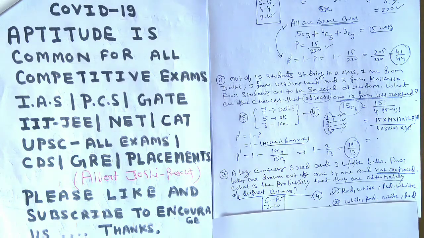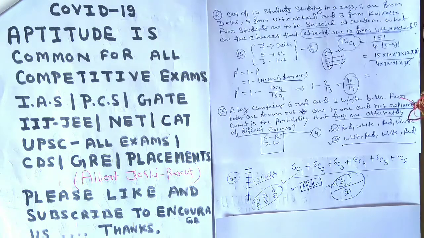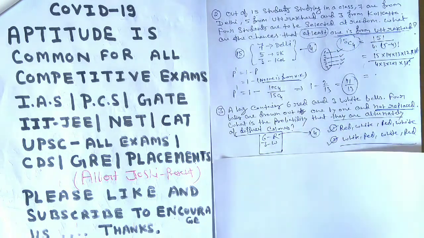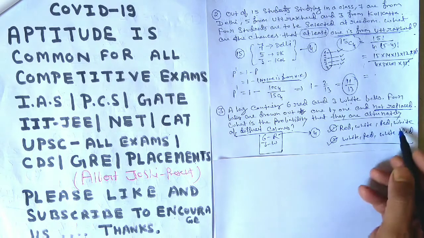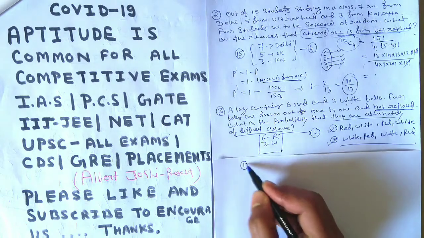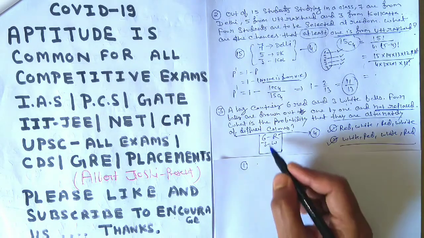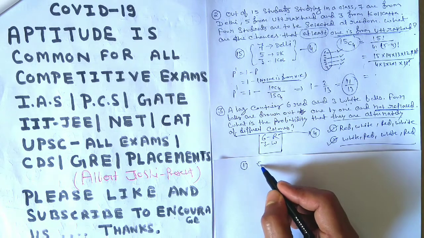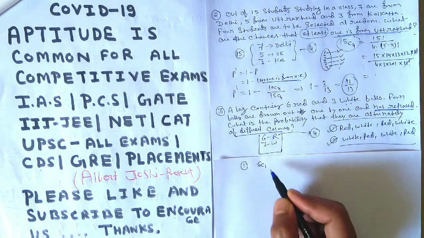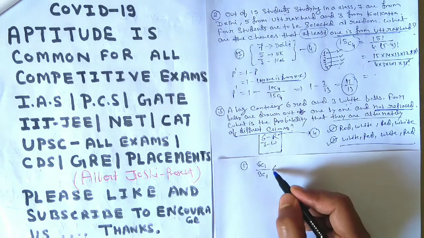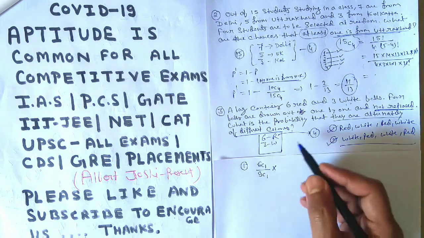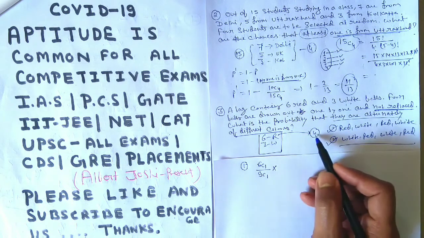Okay, so you have a total of 2 cases. For case number 1, in this condition, you have a total of 6. Out of 6 you have to select 1. Then out of 9 you have to select 1, into, now you do not have to replace this ball.